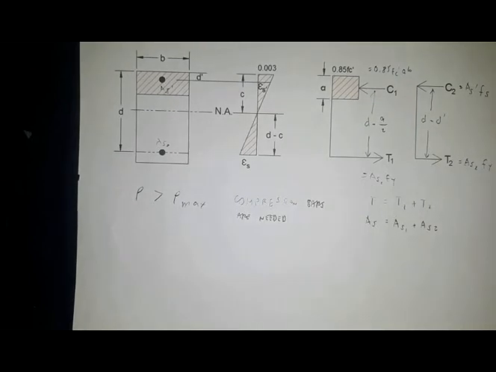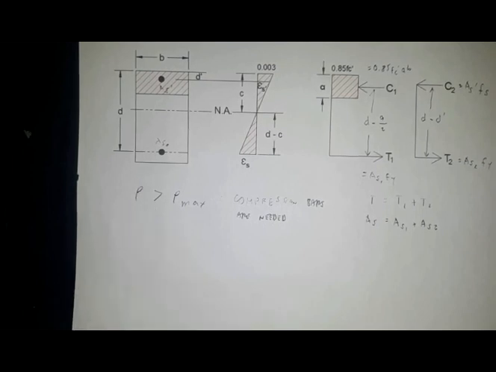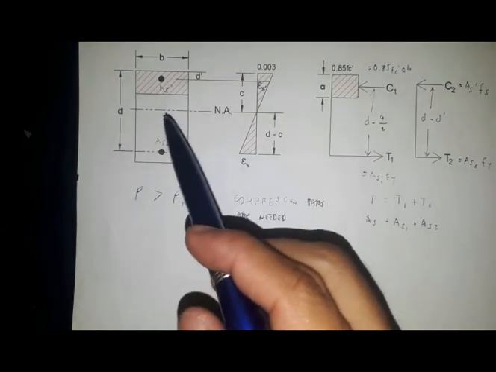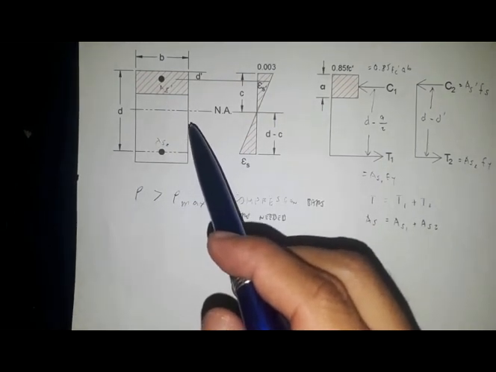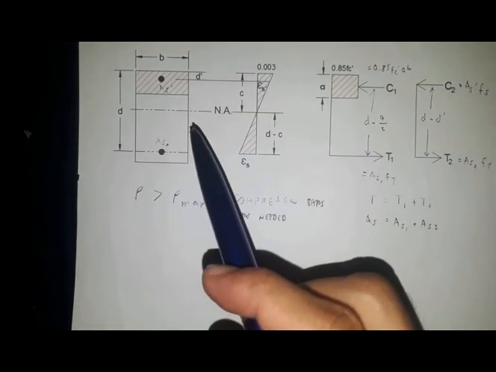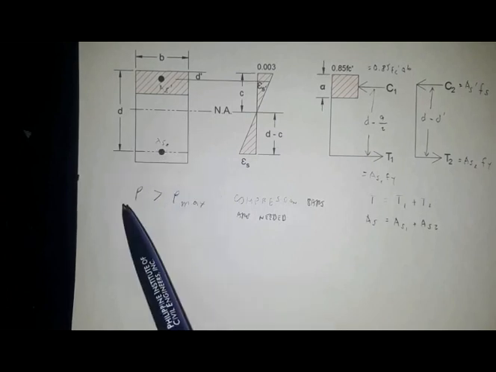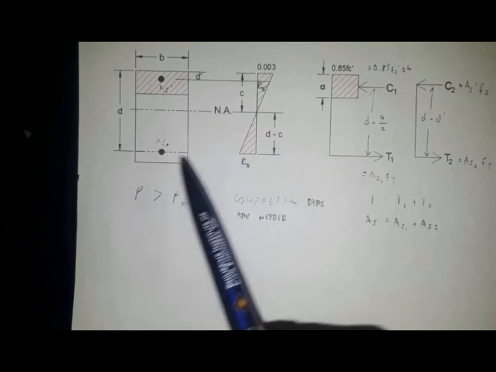So, kung maalala natin dun sa previous lectures natin, distinctly reinforce, when raw is greater than raw max, so that is compression controlled. So, ibig sabihin, hindi mag-yield yung steel. So, ang mag-yield yung concrete. So, kapag yung concrete yung nag-yield or naunang nag-fail, so, ang tendency is rupture failure.